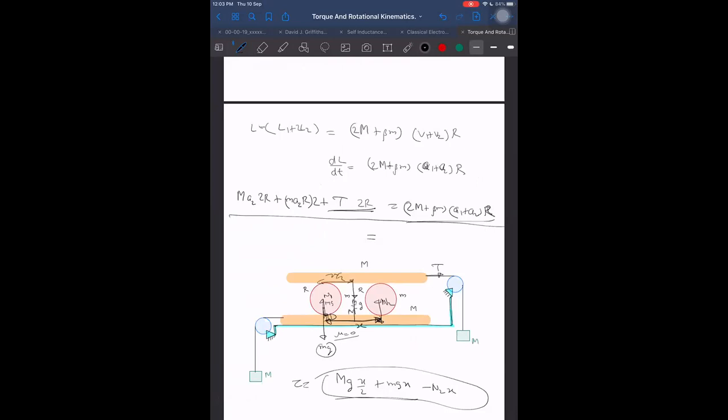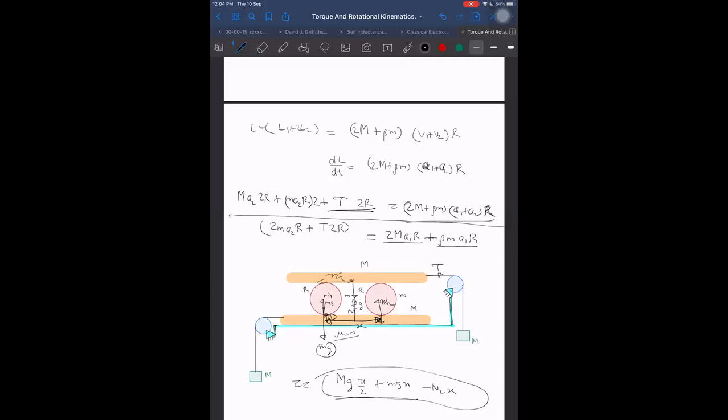Now let us cancel certain terms. m a2 r cancels, and then we are left with 2m a2 into r plus T into 2r plus T into 2r is equal to 2m into a2 into r, plus 2 capital M into a1 into r, plus beta M a1 r, then plus beta M a2 r.